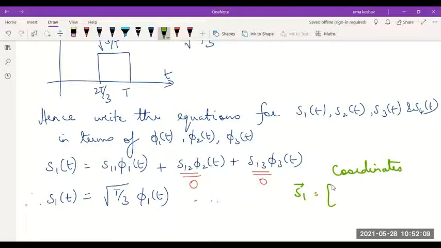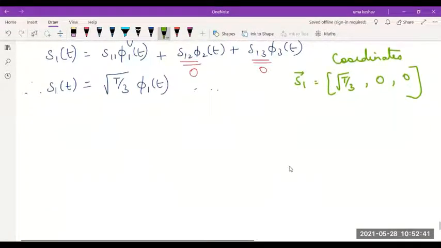Please remember that. If you consider 3 orthonormal basis functions in 3 perpendicular axes, then you have to have 3 coordinate values for each of the signals. So what about signal S1? The signal S1 has the coordinate root t by 3 in the phi 1 axis, and its values are 0 and 0 in the other two axes, phi 2 and phi 3.